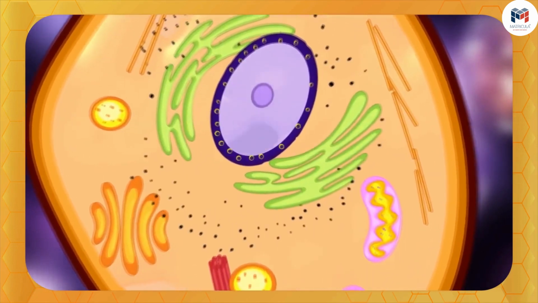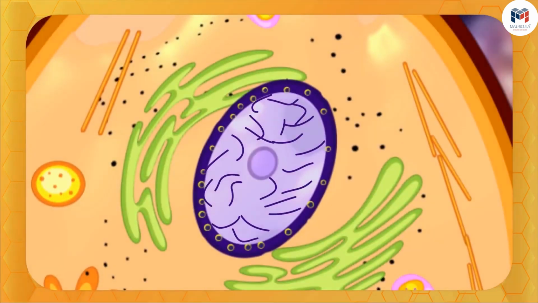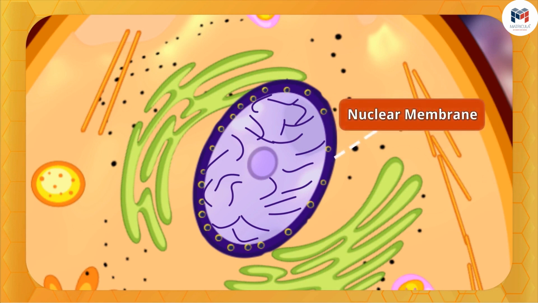If we zoom in the nucleus, you can notice that it is spherical in shape. Its outer structure is a two-layer membrane called nuclear membrane. It is the same as the cell membrane of the cell. So friends, what do you think? Its function and structure would be similar to cell membrane?